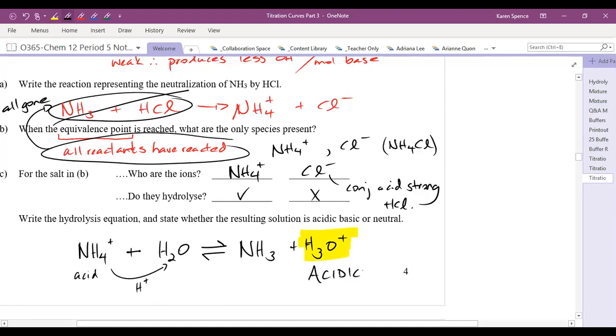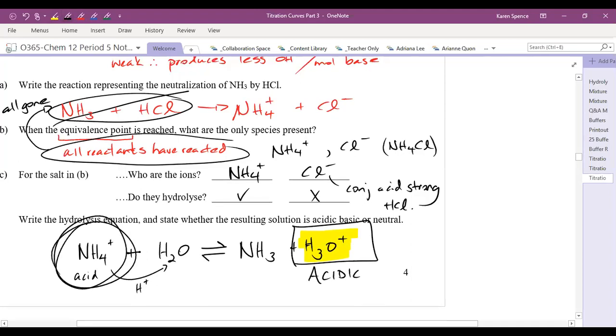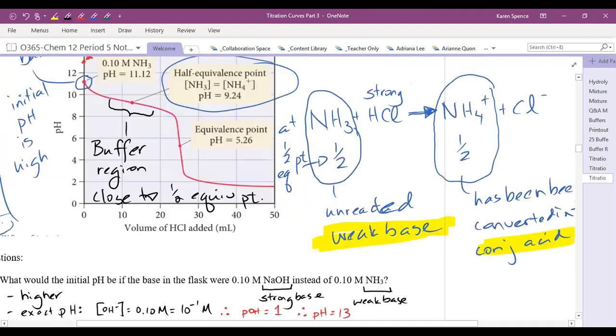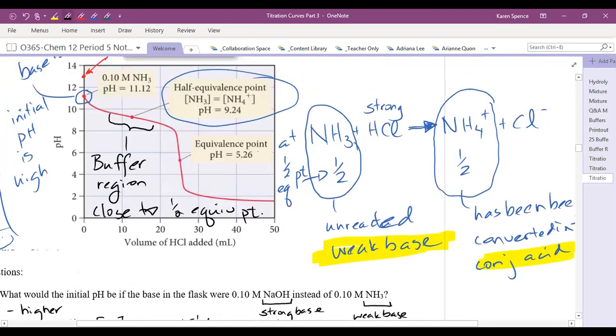At our equivalence point, NH4 hydrolyzes and makes H3O plus, and that gives us an equivalence point which is less than 7. And why is that? That is due to the hydrolysis of the salt, and in this case, the cation.